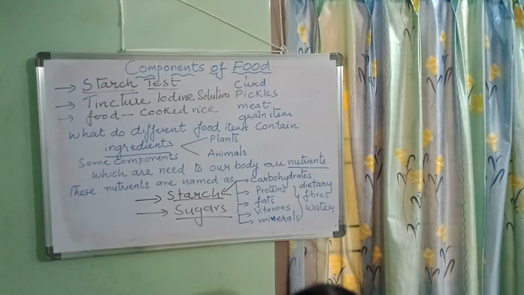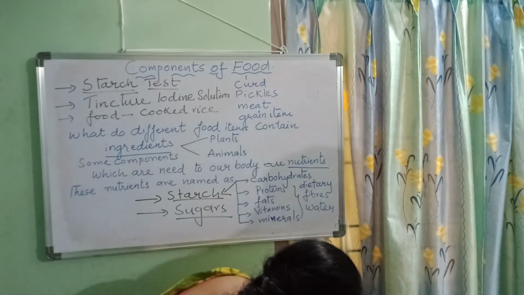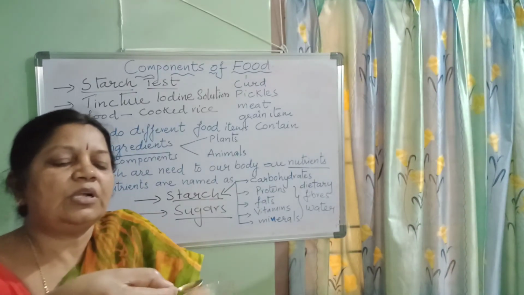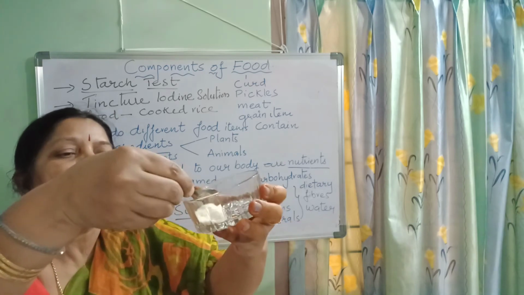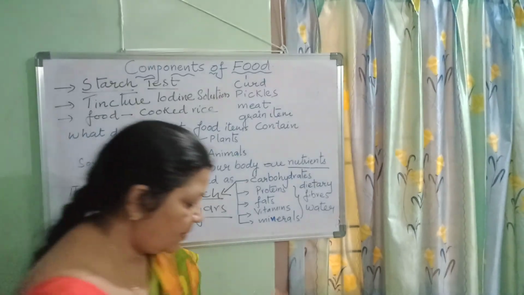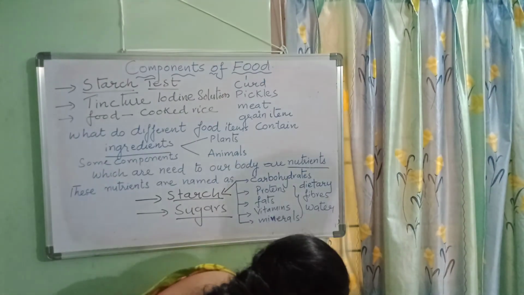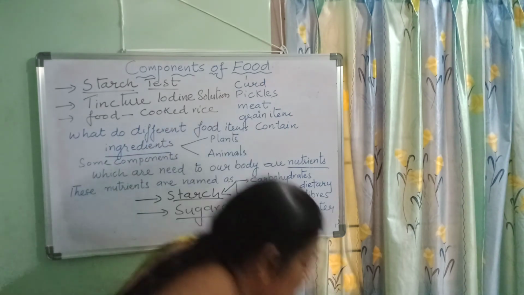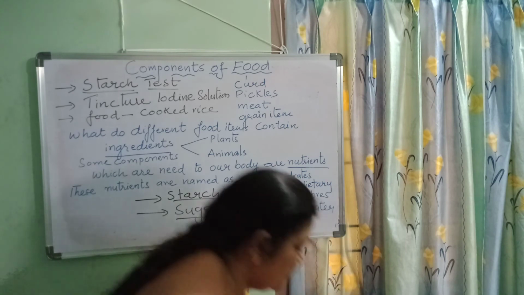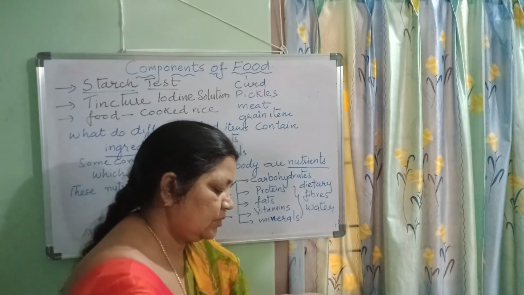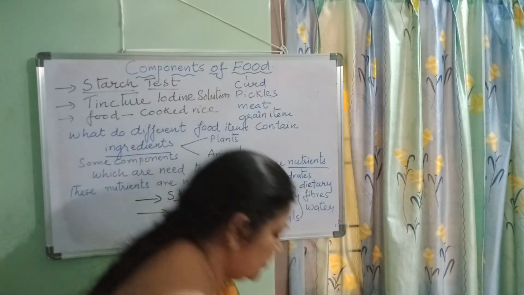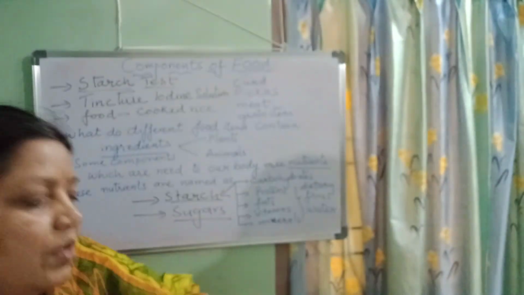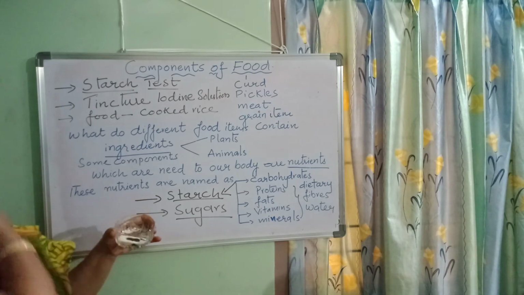Here the raw material is also there, a small quantity of the rice flour I have taken, and it has changed into blue black. This is the raw one that I have taken.